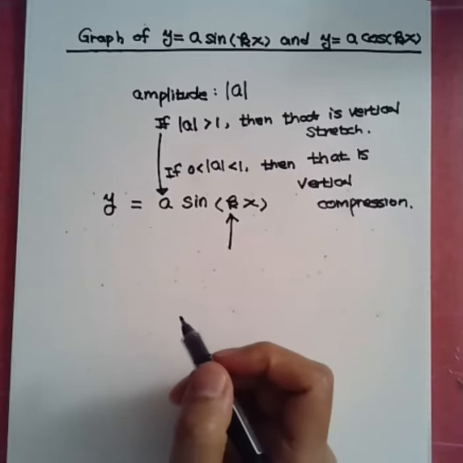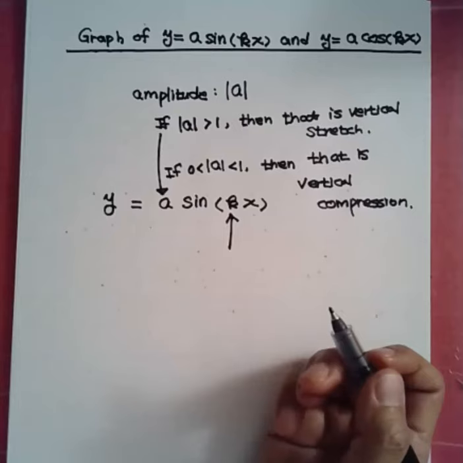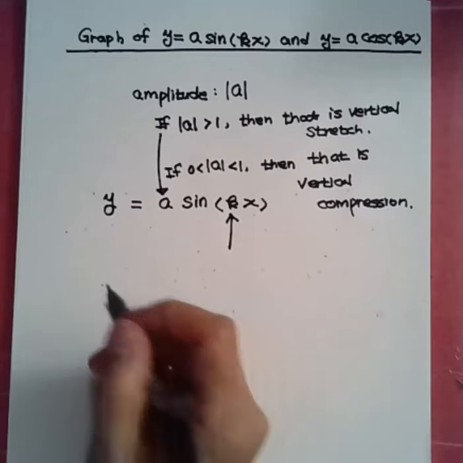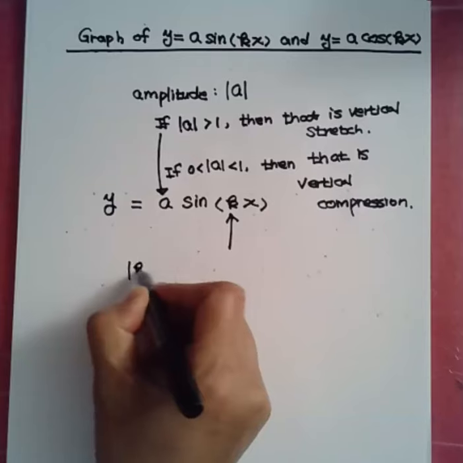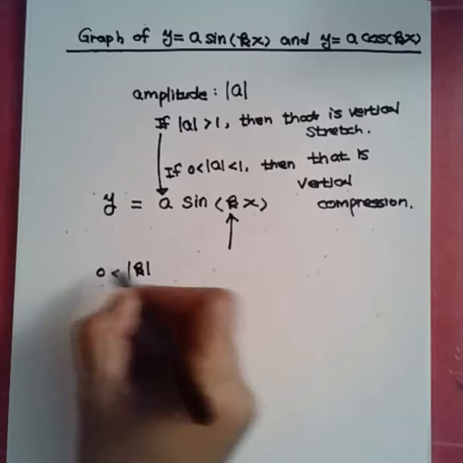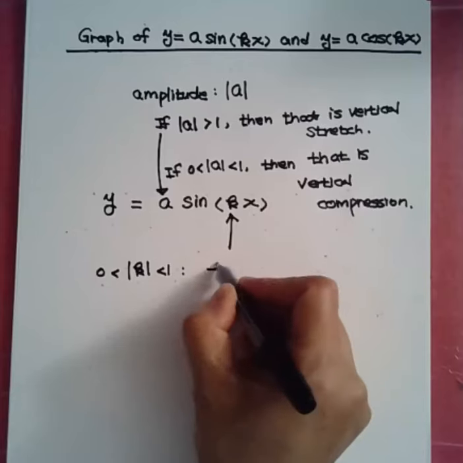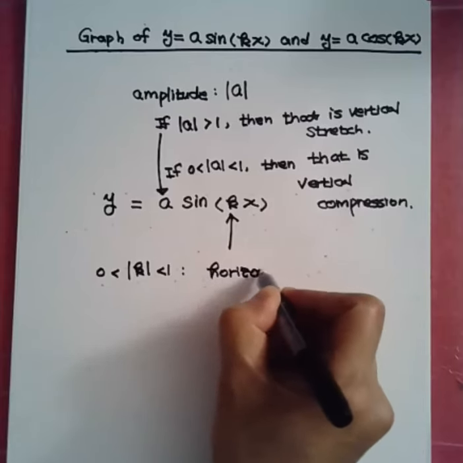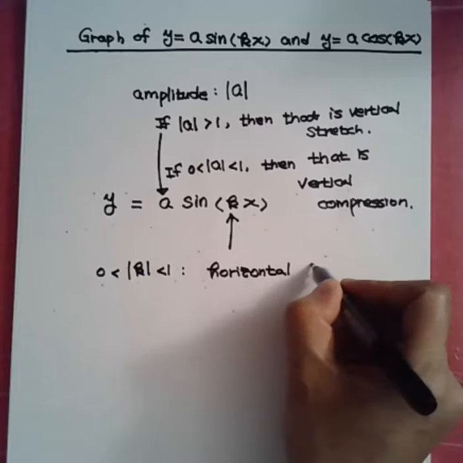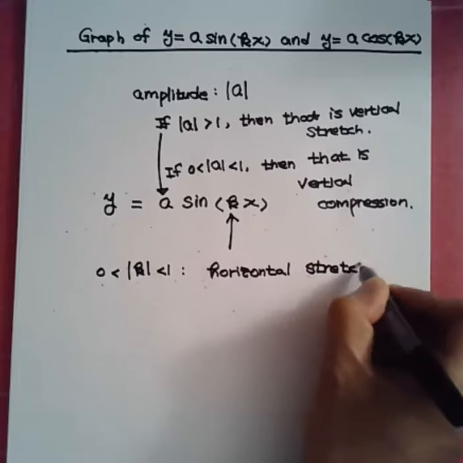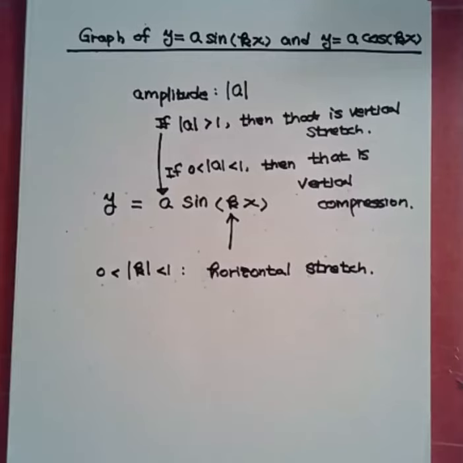k is multiplied to x, so that affects horizontal things. If k is between 0 and 1, then that is a horizontal stretch. What you have to be careful about is that whenever something is related to x, the horizontal direction, your intuition will tell you the opposite.